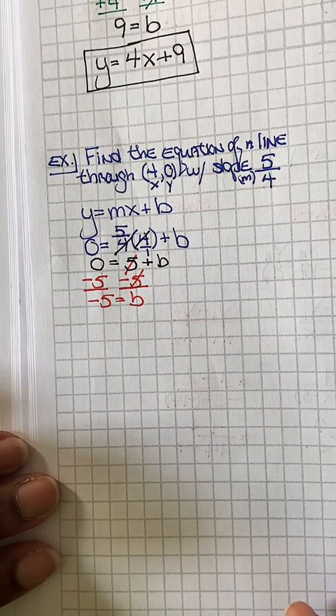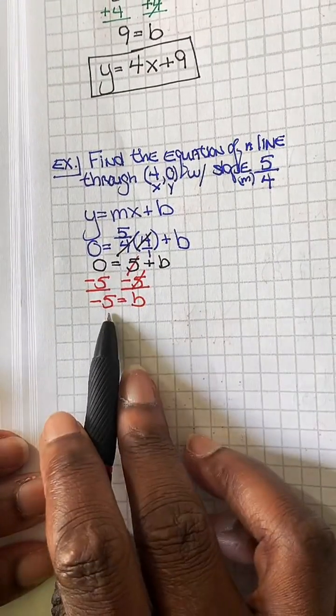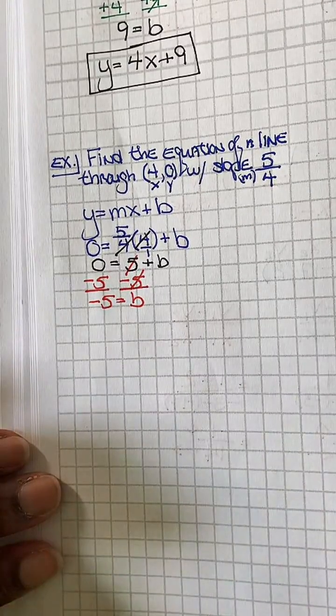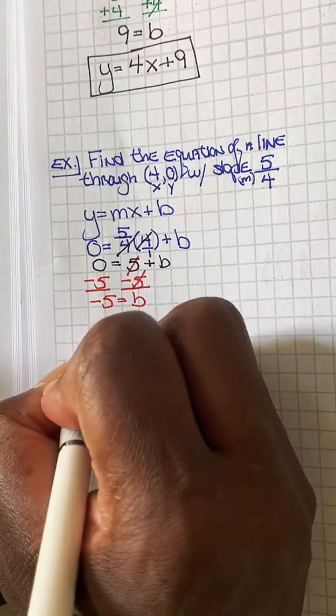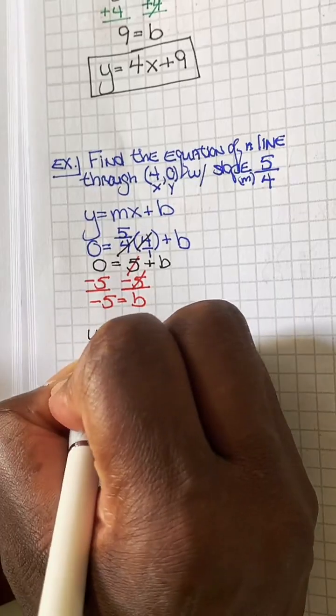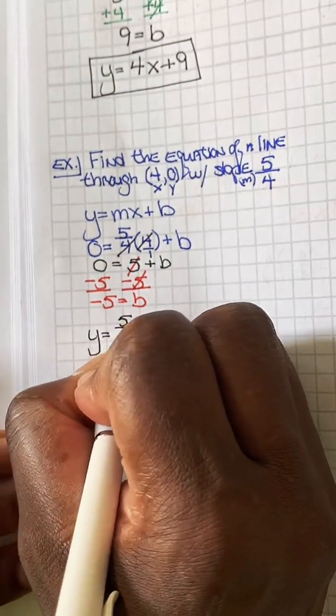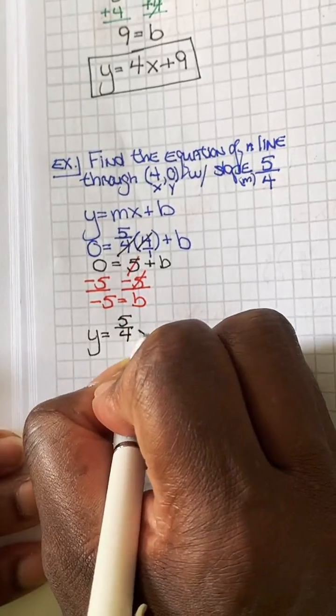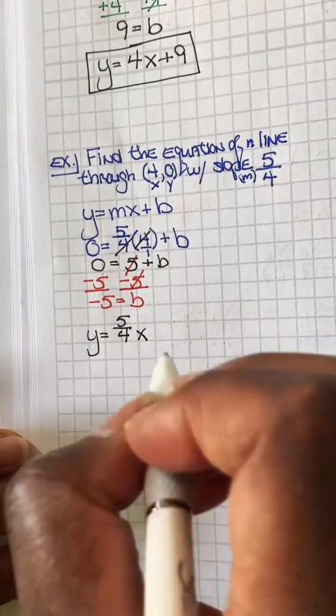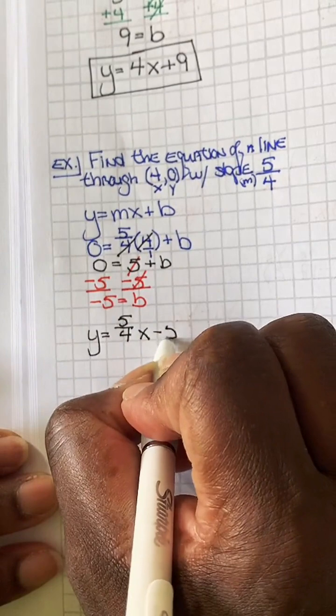All right. So since now we know what our b is, we can write our equation, which is going to be y equals my slope, which was 5/4, my x, and then we put down our b, which is negative 5.